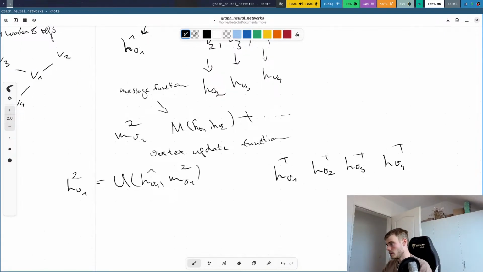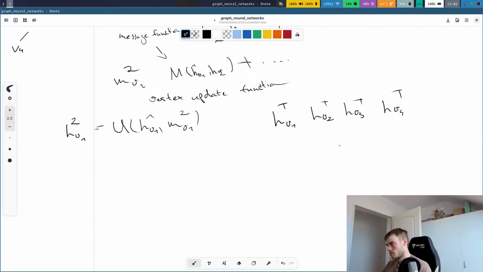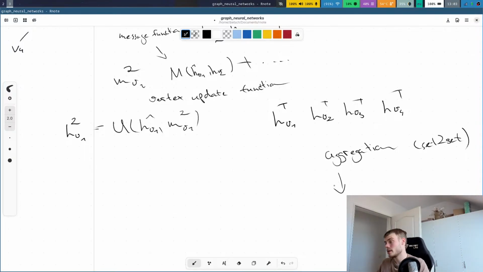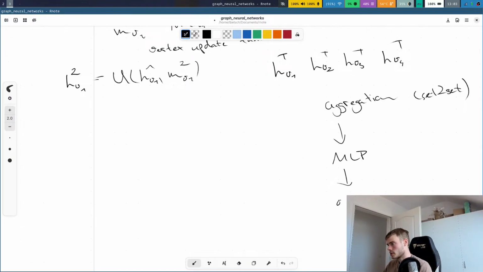And what they then do is they put some kind of aggregation, which could be a set-to-set network, and they put this aggregated state, this sort of graph embedding, into another MLP, and then they get the output. And this they call the readout function.